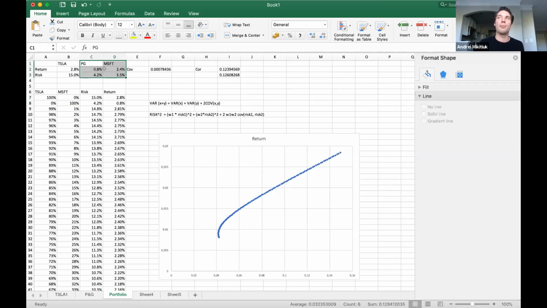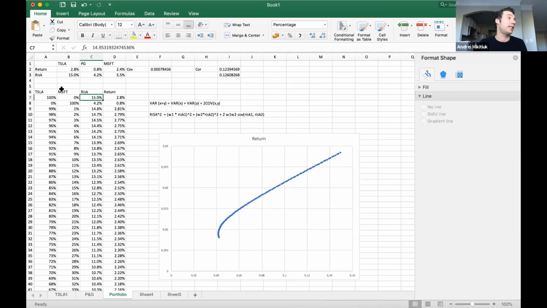We want to have some balance between risky stocks and less risky stocks, and we tried combining Tesla with Procter & Gamble, and we see that Procter & Gamble is really not the best thing here. We can replace it with something that has similar risk but much higher return.